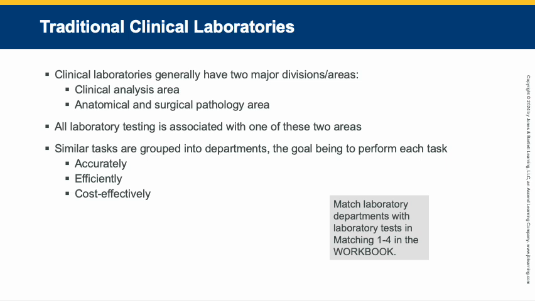This is the area where most of the tissue analysis occurs. Cytology happens there. Surgical biopsies, frozen sections, and autopsies happen in this area. All lab testing is associated with one of these two areas. Similar tasks are grouped into departments, the goal being to perform each task accurately, efficiently, and cost effectively.